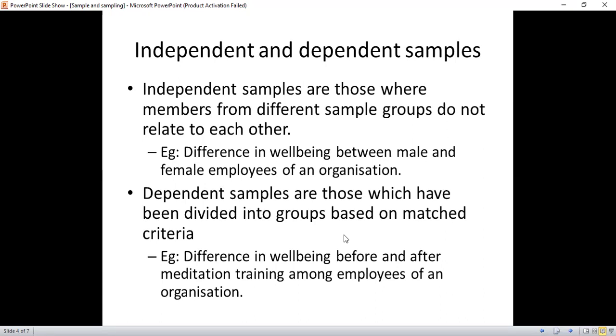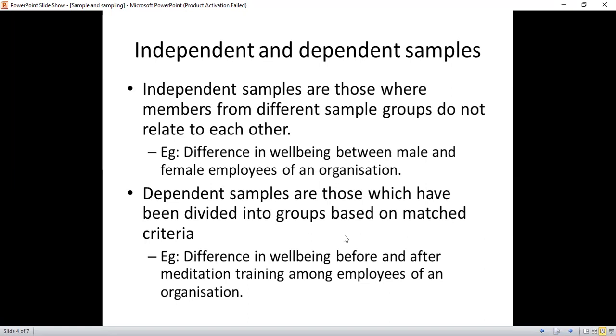Example: if my objective is to find the difference in well-being between male and female employees of an organization, the males are a separate category, demographically different, as well as culturally. They will differ in terms of beliefs and attitude, the way culture shapes upbringing, or the liberty and other things assigned based on gender. These are two different categories of sample.